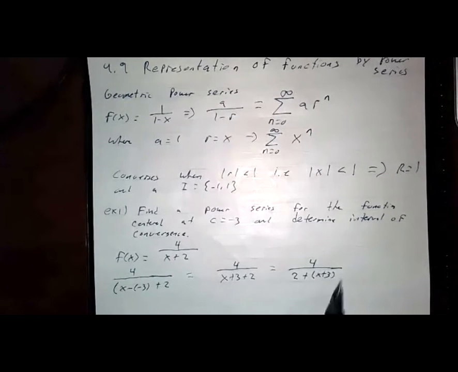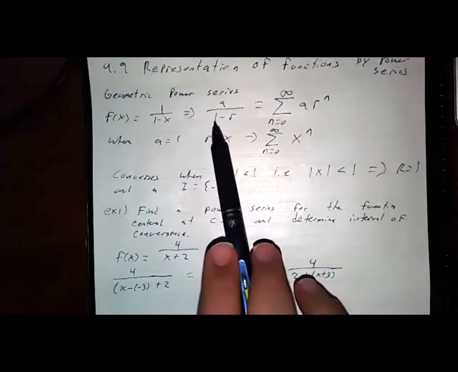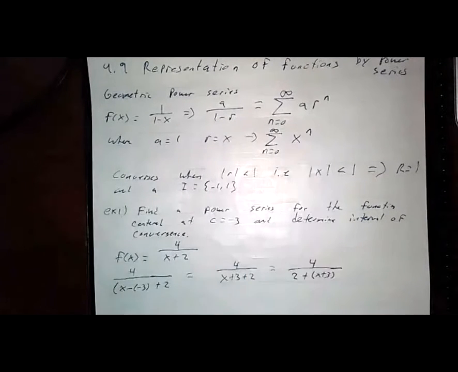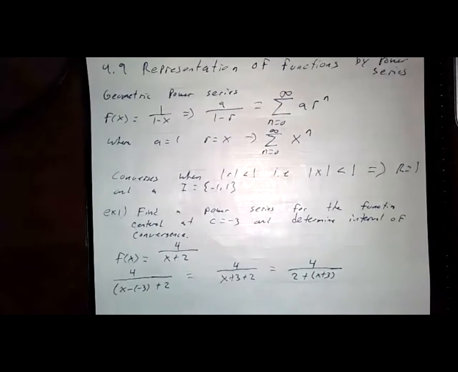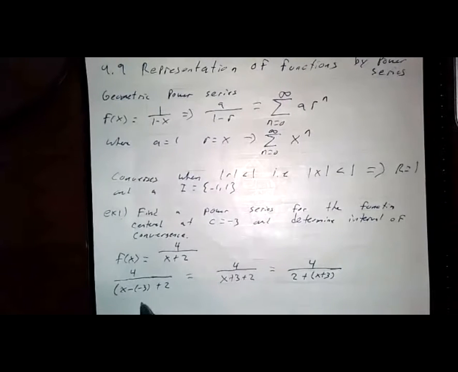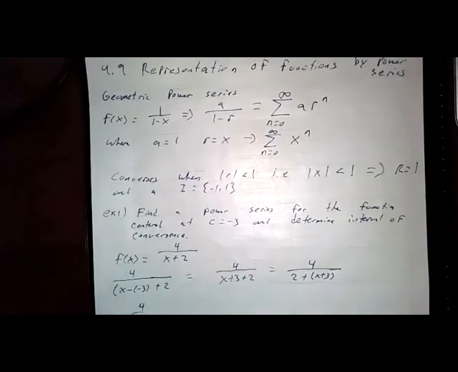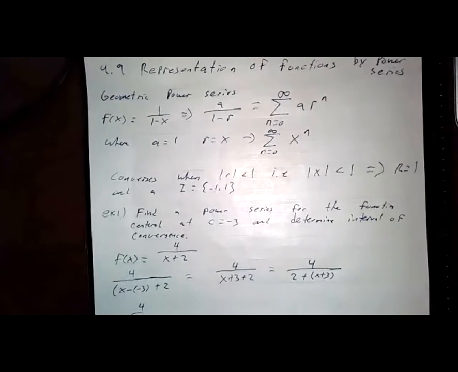So what I'm trying to do is force the function to look like this in order to change it to a power series. Okay. That's the goal. So I divide every single term by 2, which would give me 4 over 2, 2 over 2, plus x plus 3 over 2.